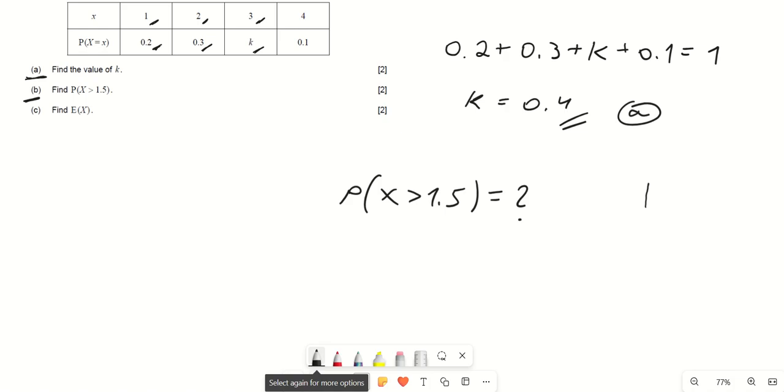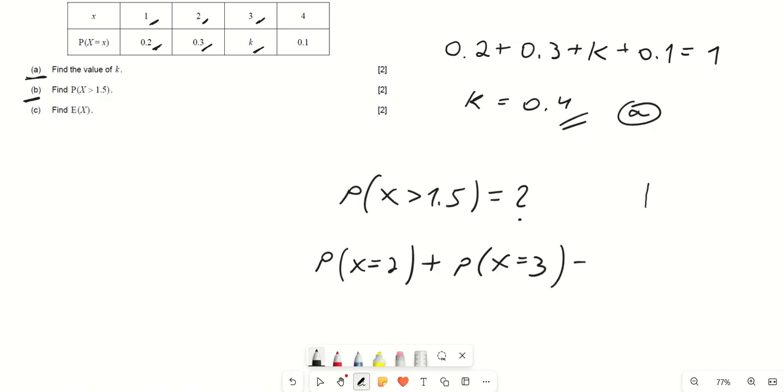So we have the probability of being 2, and the probability of being 3, plus the probability of having the value of 4. This is the probability for x to be greater than 1.5, and I simply plug in all the probabilities that are given in the table.